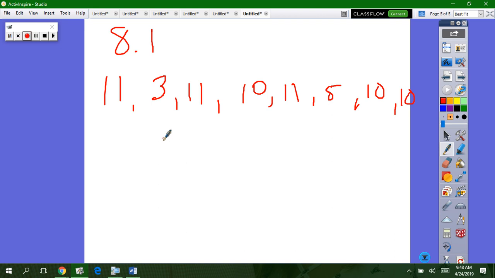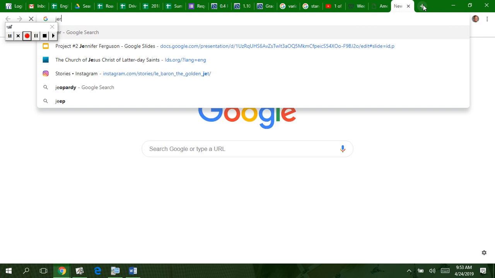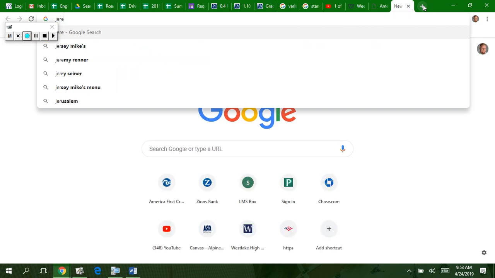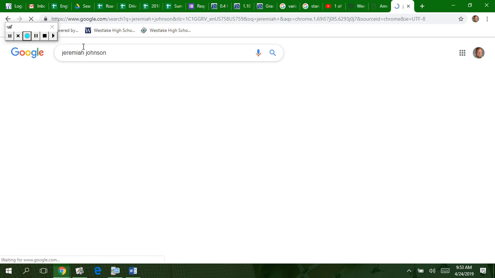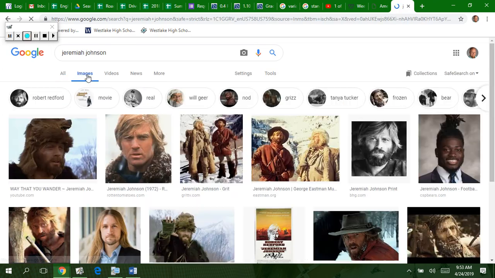Back in the back, purple hat. Yes, you. I forgot your name. Tell me your name again. You were in my class last year. Jacob. What was your last name, Jacob? Jacob Johnson. Jeremiah Johnson. Oh, I love Jeremiah Johnson. We might even have to go look at Jeremiah Johnson. He's so cool. You guys ever watch Jeremiah Johnson?